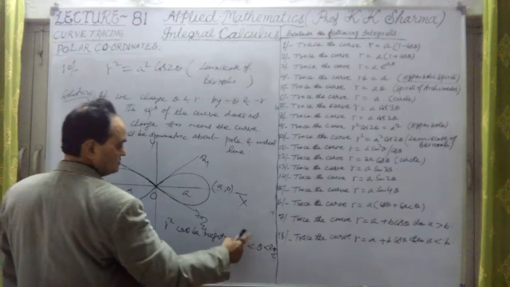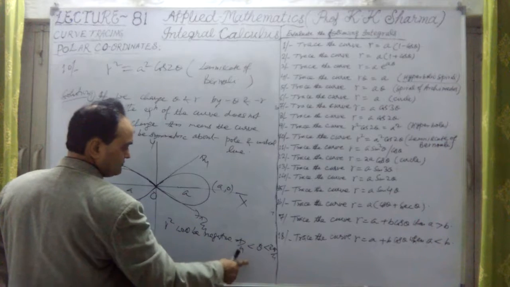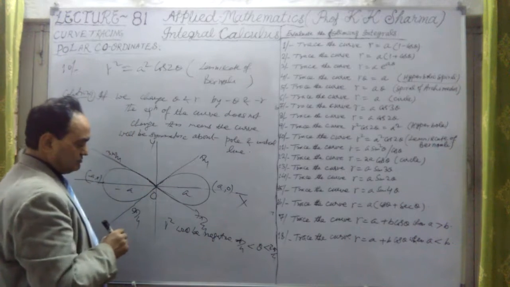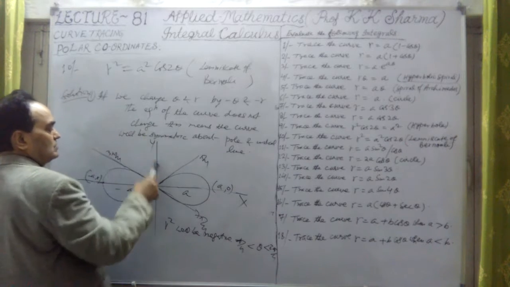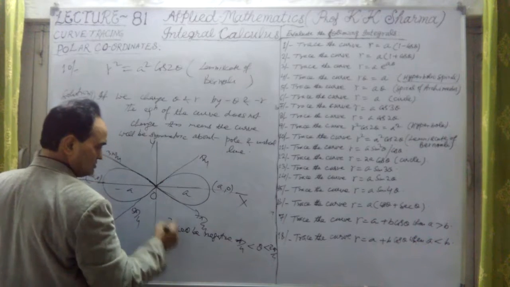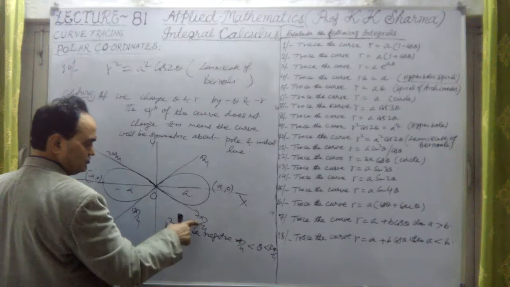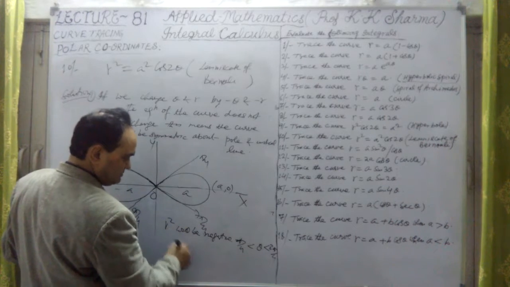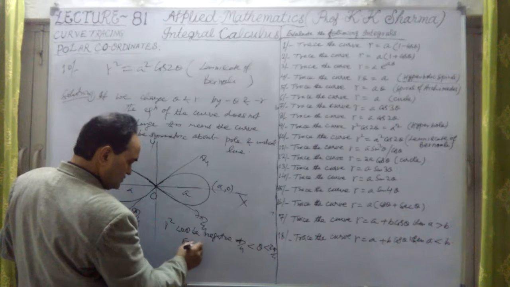Similarly, from 5 pi by 4 to 7 pi by 4, r square will be negative, so the curve will not exist.